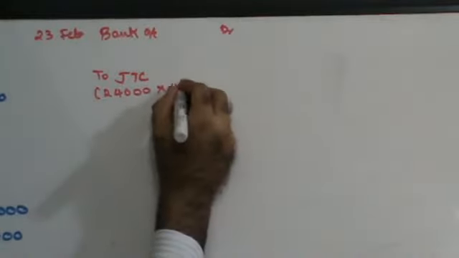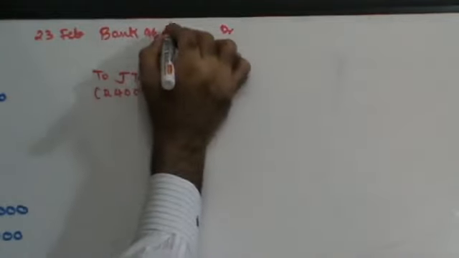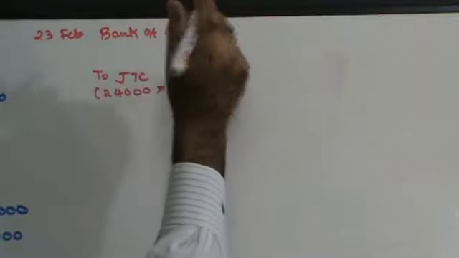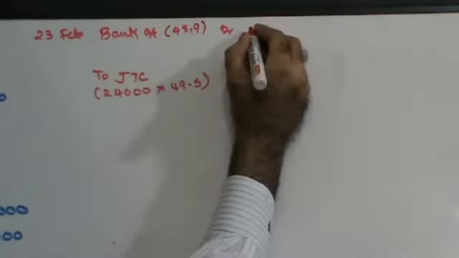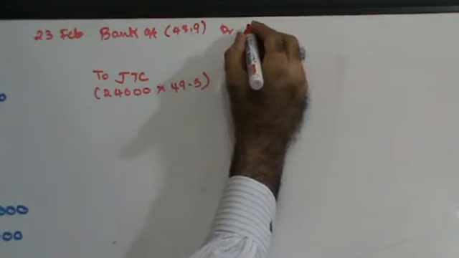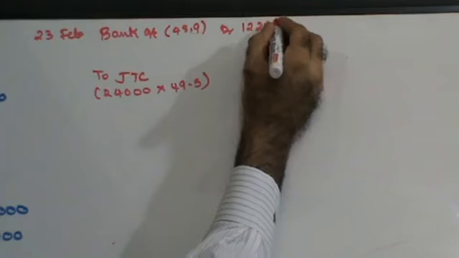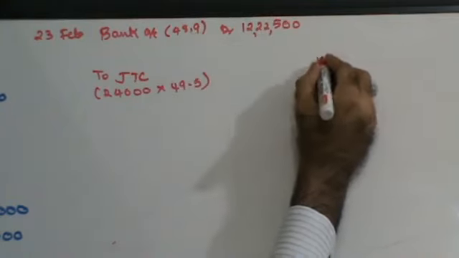You had sold to Jerry Trading Company at 49.5, and on the date of payment, the rate is 48.9. Right, that is the rate. Someone give me the figures. Bank is 12,22,500. Jerry Trading is 11,88,000.